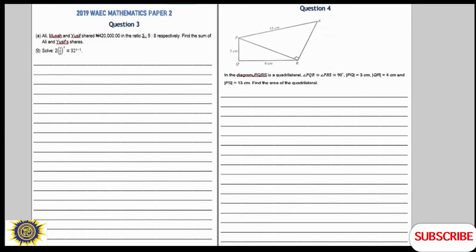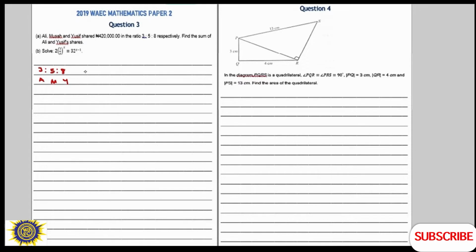The ratio of the share of Ali to Musa and Yusuf is 3:5:8. So this is the ratio of Ali's share to Musa's and then to Yusuf's.